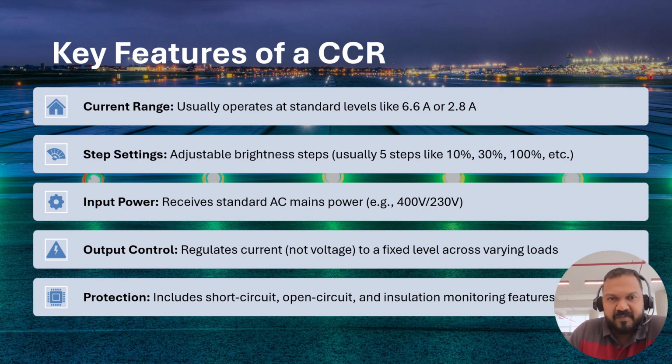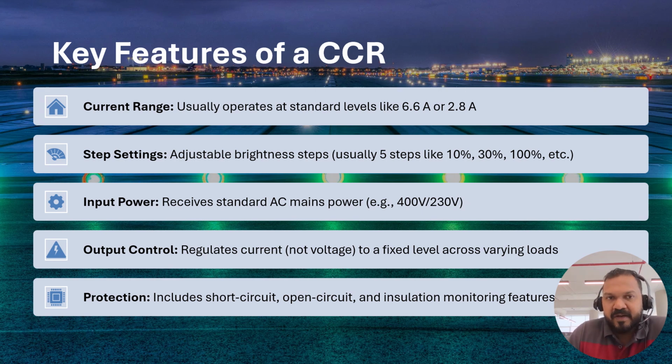So what are the key features of the CCR? Usually it operates at very small power, so we can say 6.6 ampere or 2.8 ampere. Then step settings, for brightness.